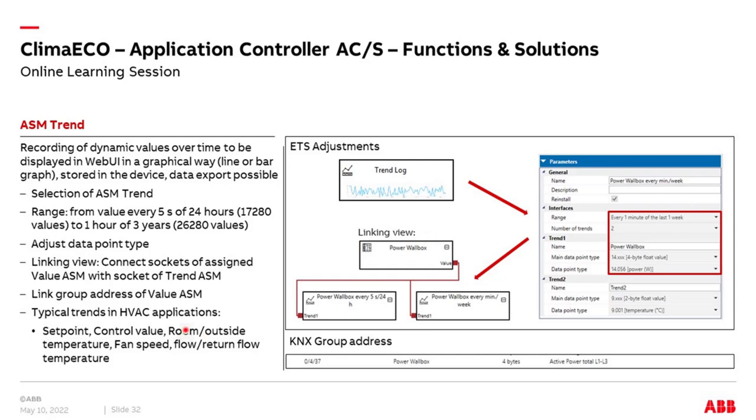So any value can be recorded here. Of course, for HVAC functions, typically we have set points, control values, temperatures, fan speeds. In a heating or cooling circuit, we have flow and return flow temperature. If you like to monitor or record this, you can do it easily with this ASM trend.